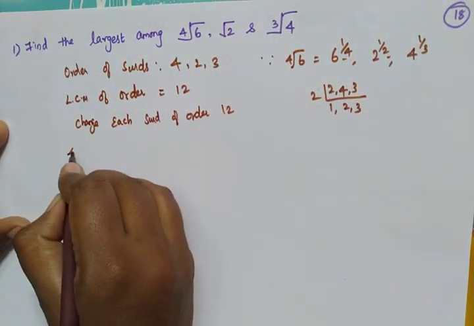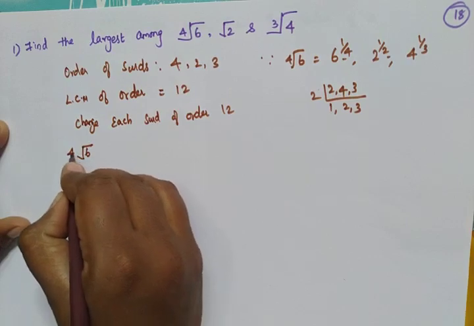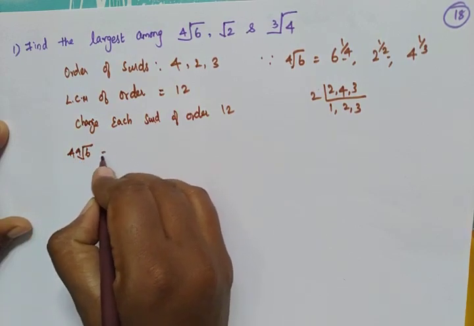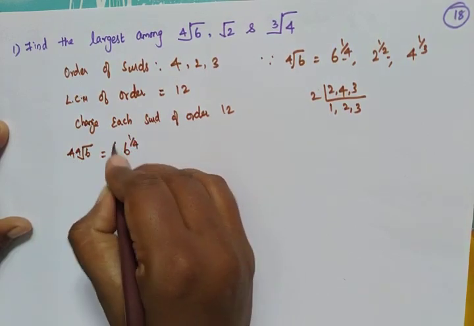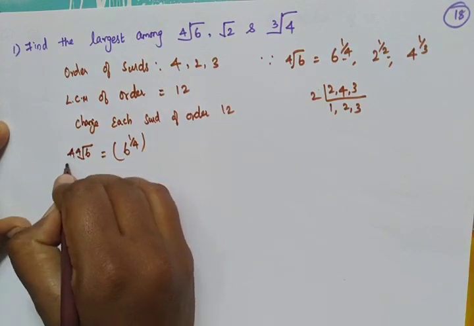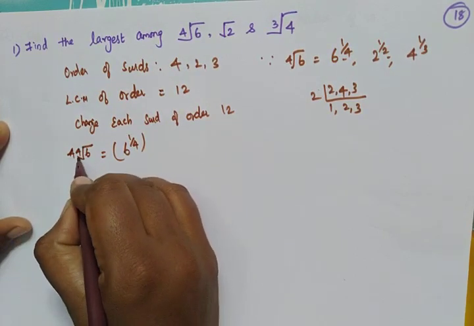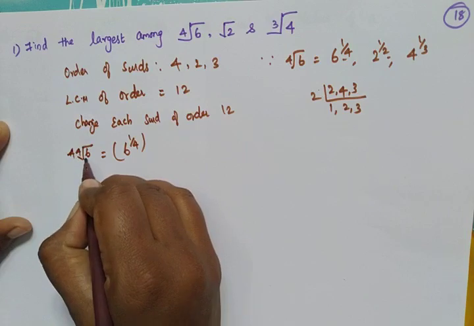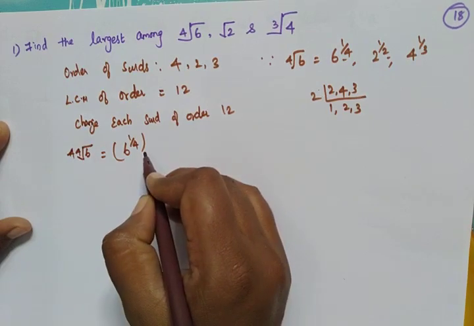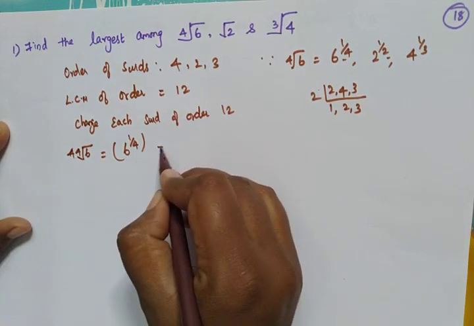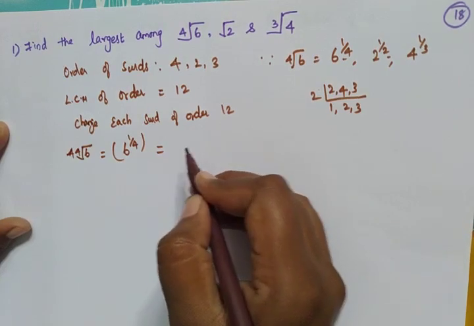So 4th root of 6 we can write as 6 power 1 by 4, because if we write 4 here, that will become the root. So this will be 6 power 1 by 4, the whole power 1 by 4. Now we have to change this to order 12.